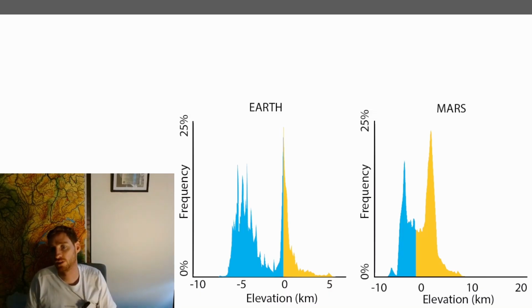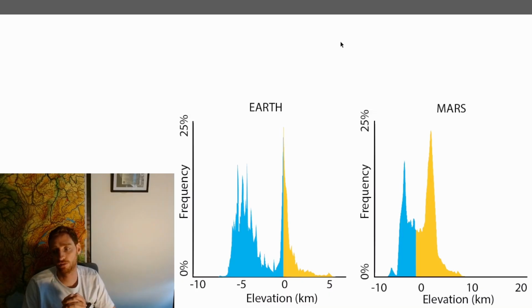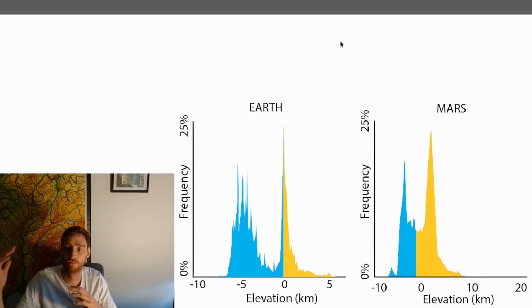And that's basically where this x-axis comes from. And what that shows you is that if you look at the mode on Mars within the hypsograph, the mode is pretty far away from zero in sea level. So the most common elevation on Mars is about 3 or 4 kilometers above what sea level would be.